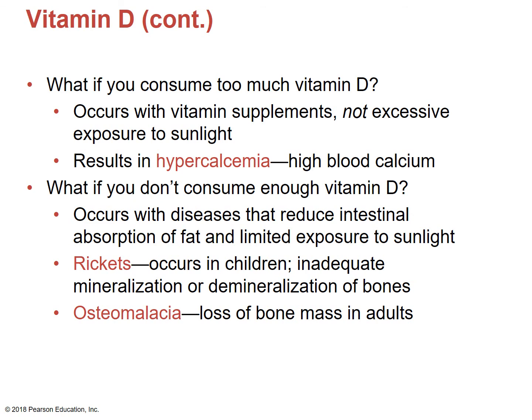The primary deficiency associated with inadequate vitamin D is bone loss. In fact, when levels of vitamin D are inadequate, the small intestine can only absorb 10 to 15% of the calcium we consume. Vitamin D deficiencies occur most in individuals who have diseases that cause internal malabsorption of fats and thus fat-soluble vitamins.